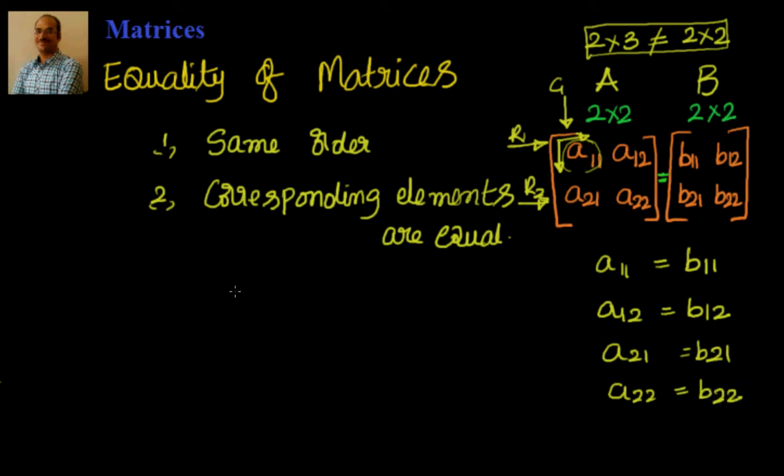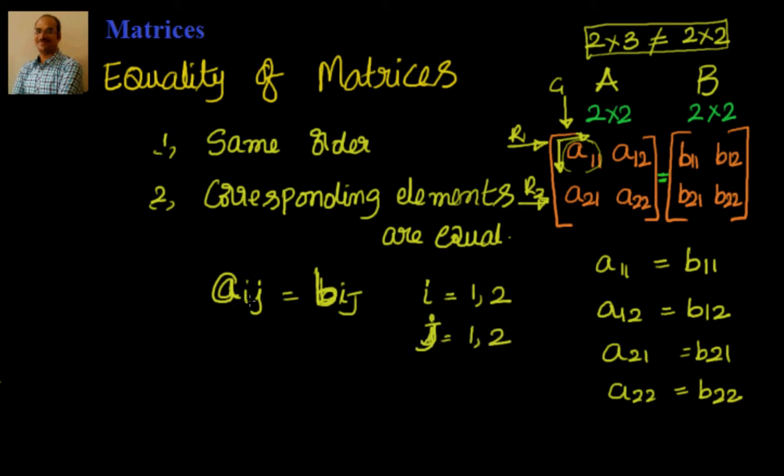Simply, we can say that a of ij is equal to b of ij, where the i values are 1, 2 and the j values are also 1, 2.